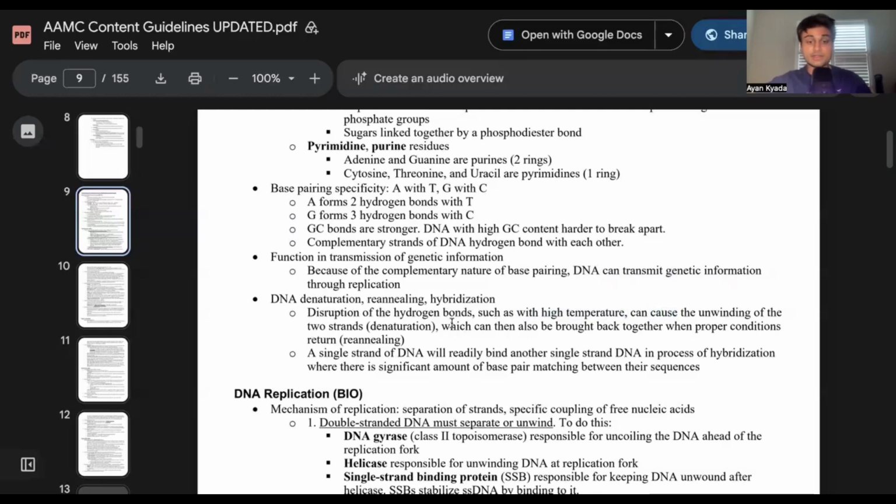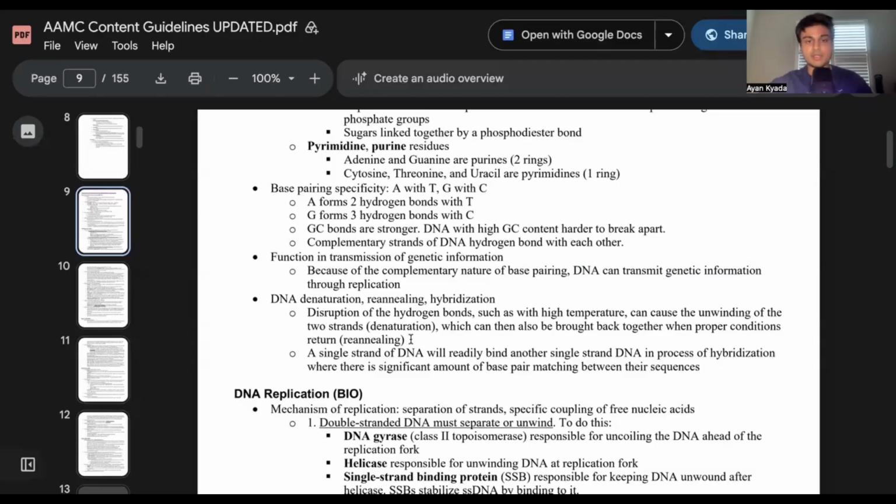And even though they're denatured or separate from one another, they can also be brought back together when the proper conditions are restored. And this is called reannealing. And it's possible because although you break the hydrogen bonds, the sugar phosphate backbone, the phosphodiester bonds, are covalent bonds that stay intact, and this is what allows them to reanneal after denaturation.